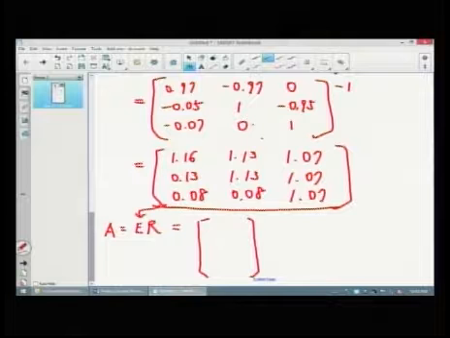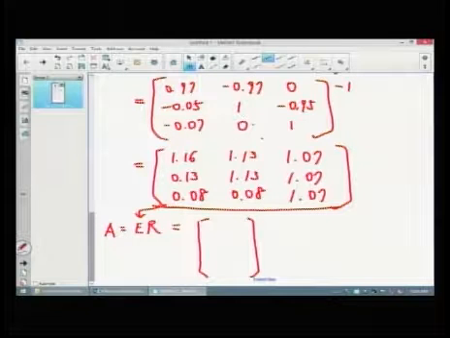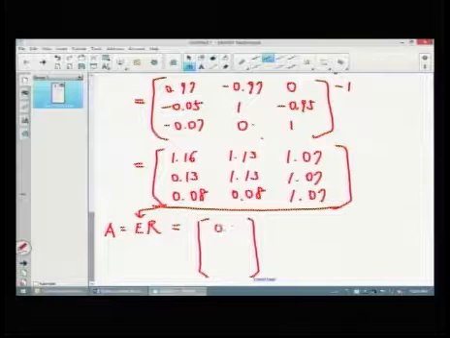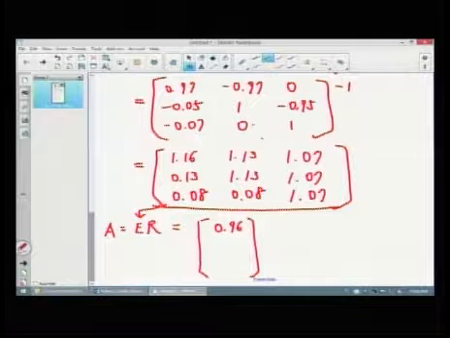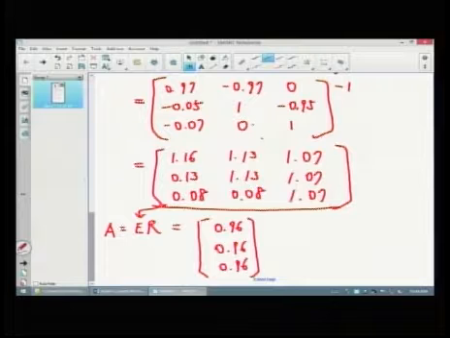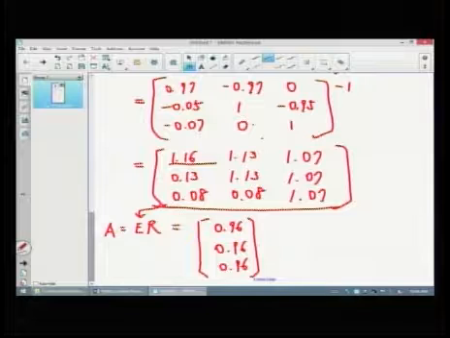0.96. Yeah, all of them 0.96. Okay. Could you give me a more accurate number here, instead of 1.16?